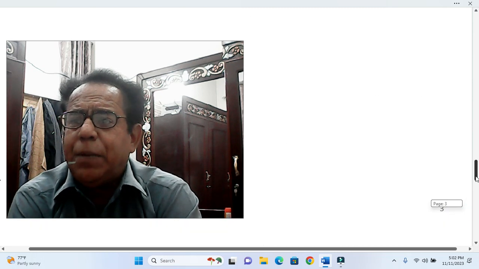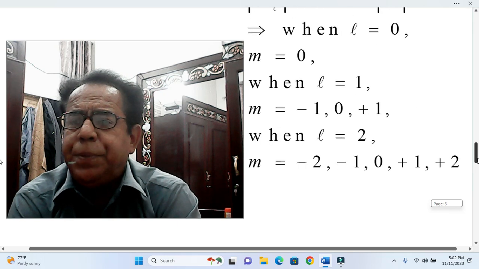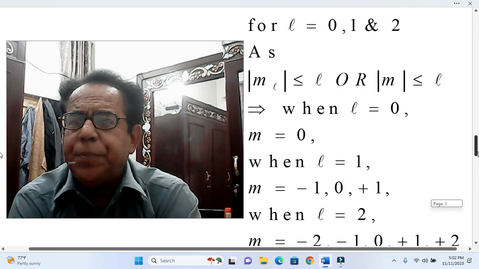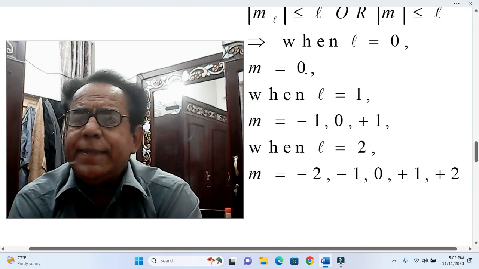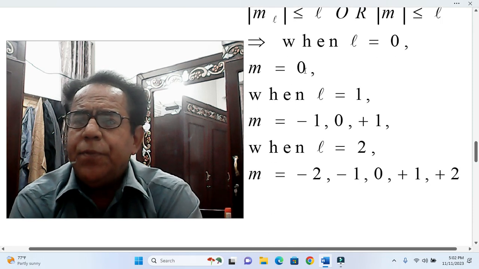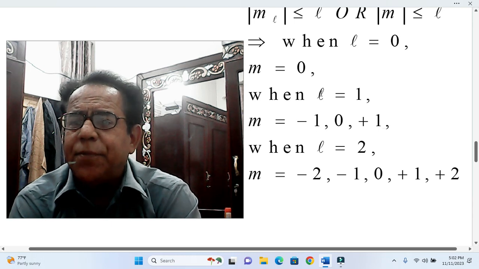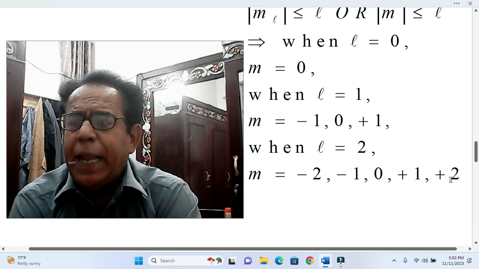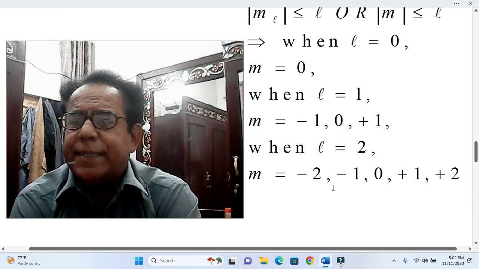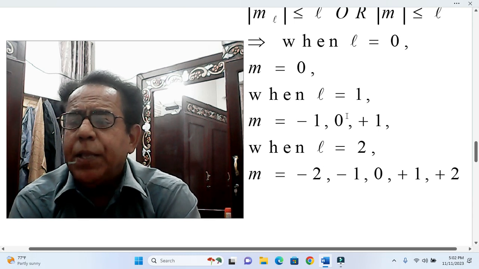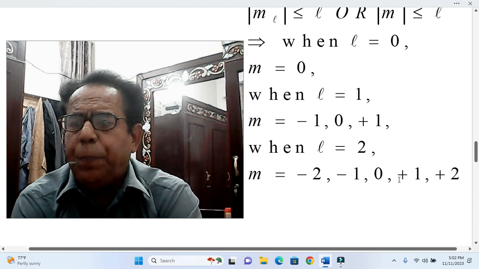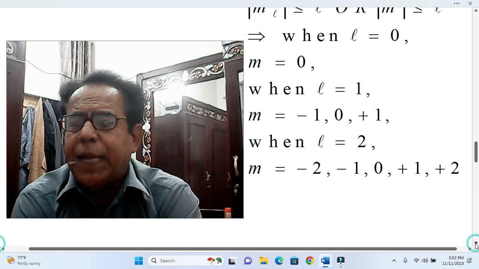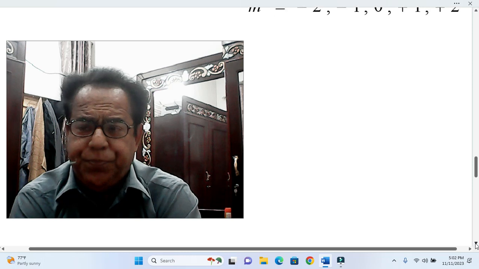We once again move to part B. This is one state, three states, 1 plus 3 equal to 4, and then these 5 states, 4 plus 5 equal to 9. So 9 states of m.